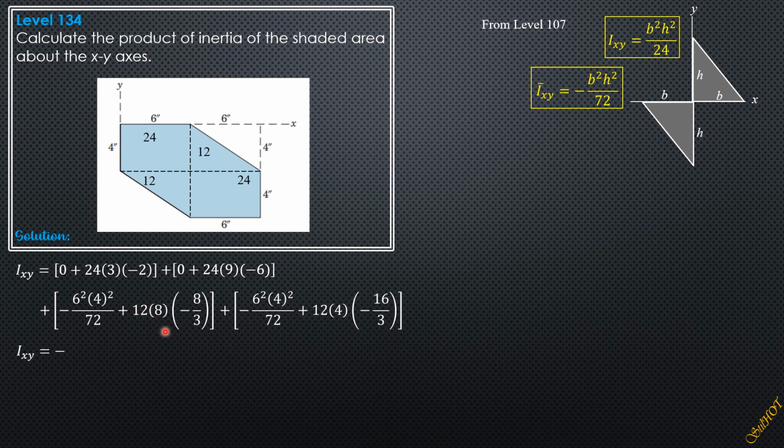Simplifying, Ixy equals negative 144, negative 1296, this one is negative 264, and this one is negative 264 also. Therefore, Ixy equals negative 1968 inches to the fourth.